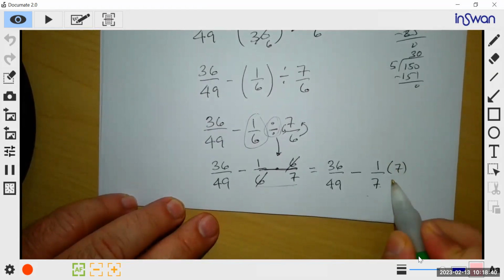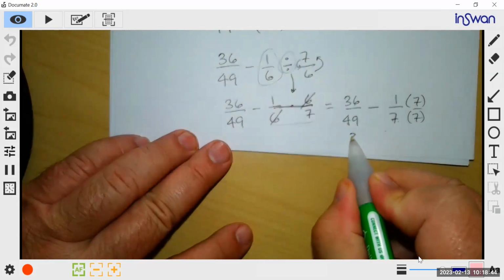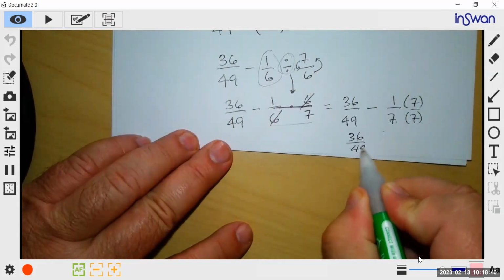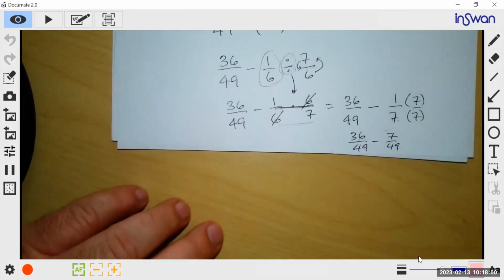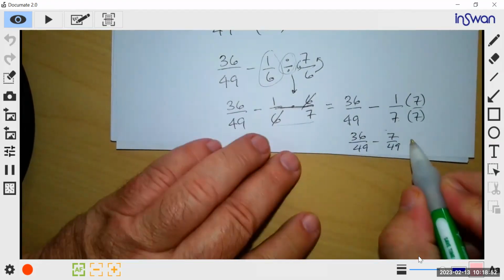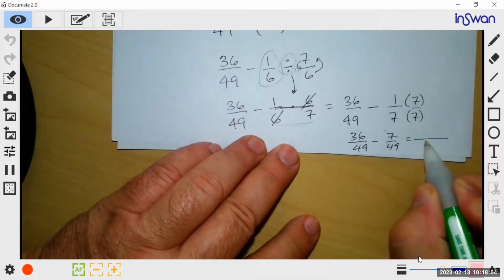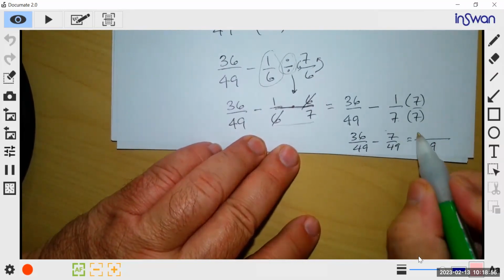Multiply by 7/7. So it's 36/49 minus 7/49. We have a common denominator.